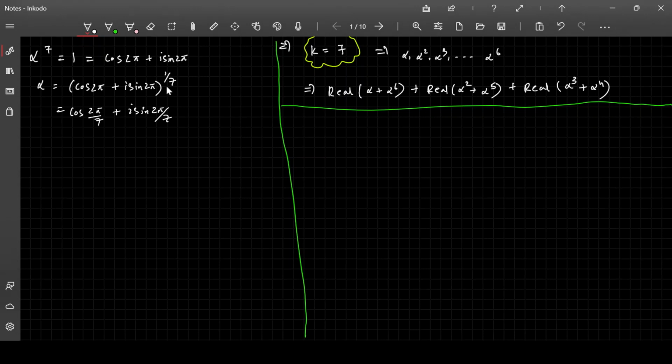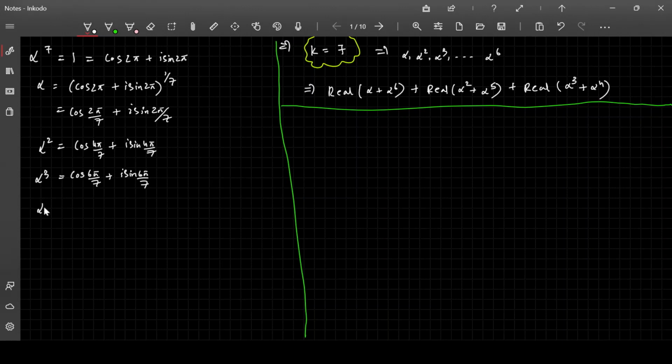Now what will be the value of alpha square? Again using De Moivre's theorem, I hope you know that, this would be cos 4 pi by 7 plus i sine 4 pi by 7. And alpha cube is cos 6 pi by 7 plus i sine 6 pi by 7.